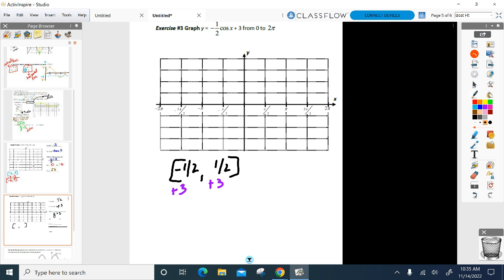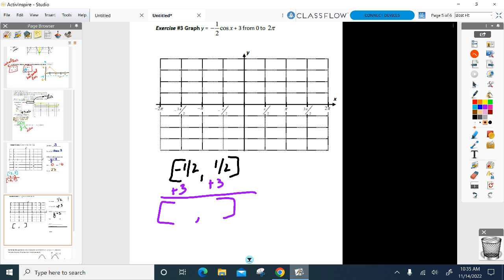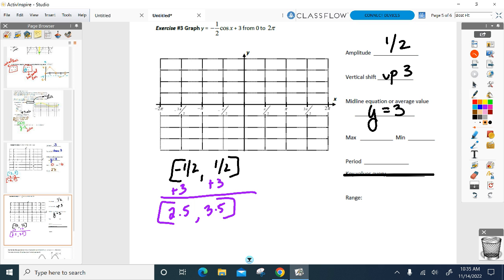What's your new min? What's your new max? 2.5. Is my minimum my max? 3.5. That's too much between them. So max 3.5, min 2.5.